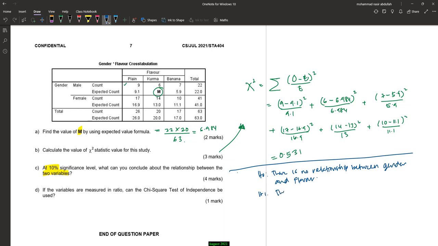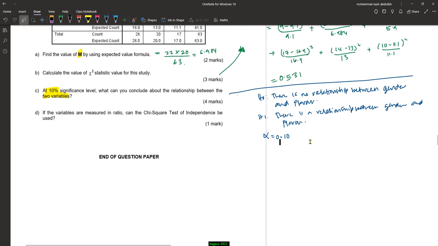Alternative hypothesis: there is a relationship between gender and flavor. So alpha is equal to 0.10. Test statistic: the chi-squared is equal to 0.531, which you calculate here.